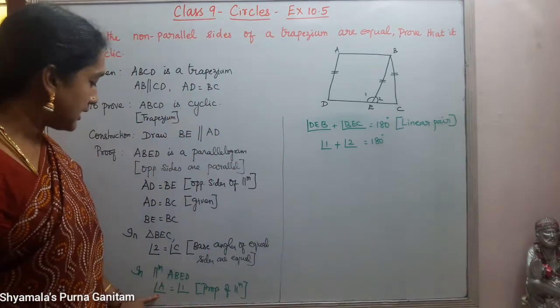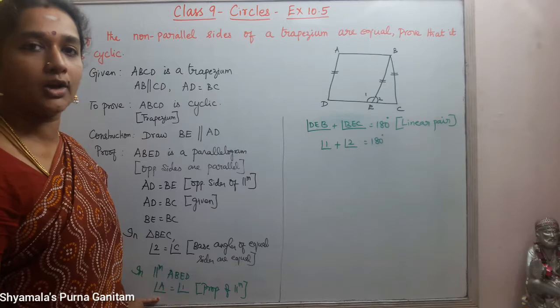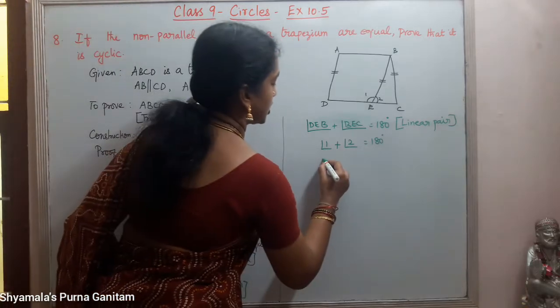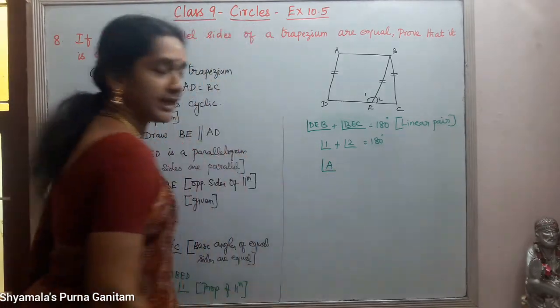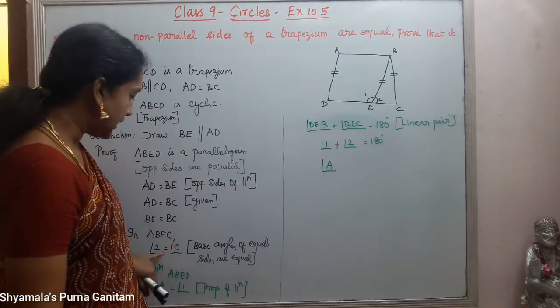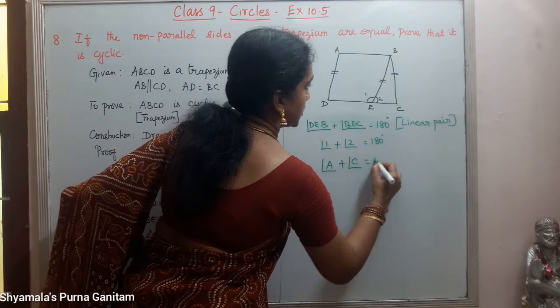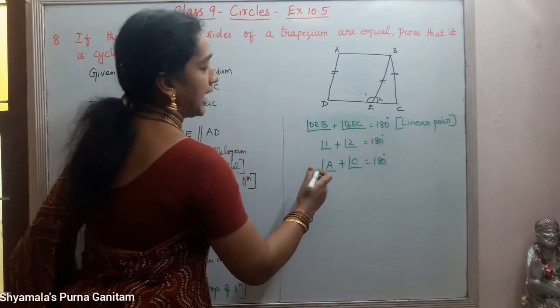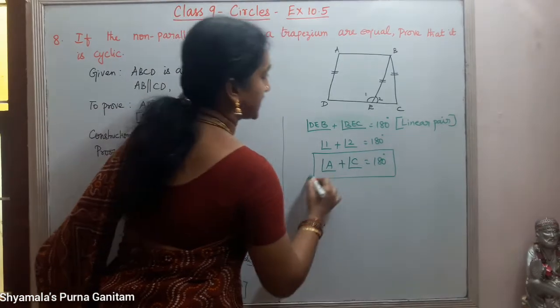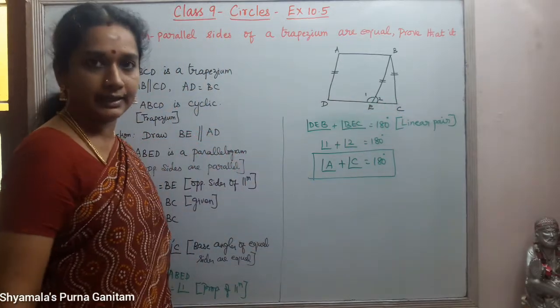Angle 1 is equal to angle A, already we have proved. So, instead of angle 1, I am writing angle A. Instead of angle 2, I will write angle C. So, now we got angle A plus angle C is 180 degrees.